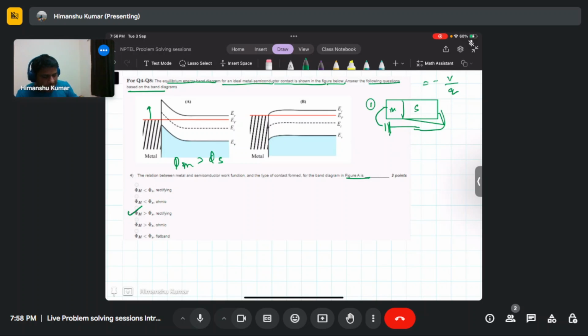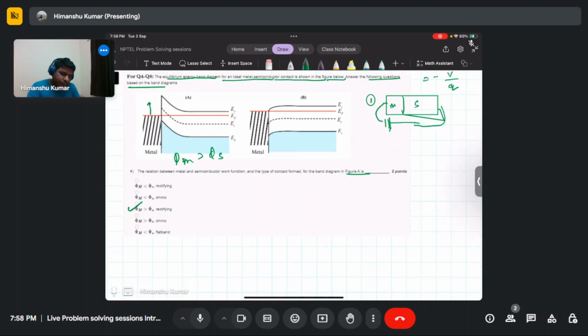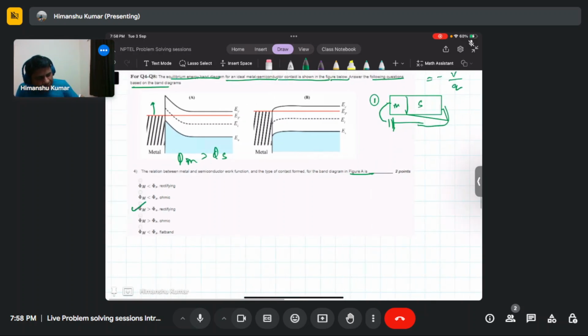So when you apply a negative bias, you will see an upward shift in the band diagram, and this band will move up, and this barrier will also get increased, and the electron will see a larger barrier, so the current is reduced.